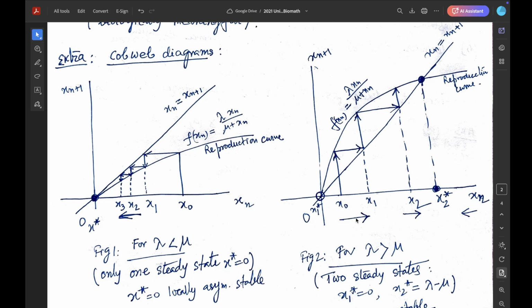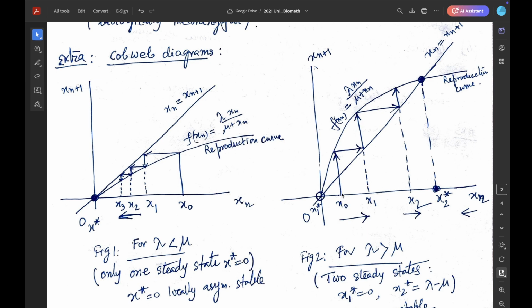In this figure, when lambda is greater than mu, the reproduction curve is this and the diagonal is this. The intersecting points of the diagonal with the reproduction curve are these two, and the corresponding x coordinates are x1 star equals 0 and x2 star, which is this. So there are two steady states when lambda is greater than mu.